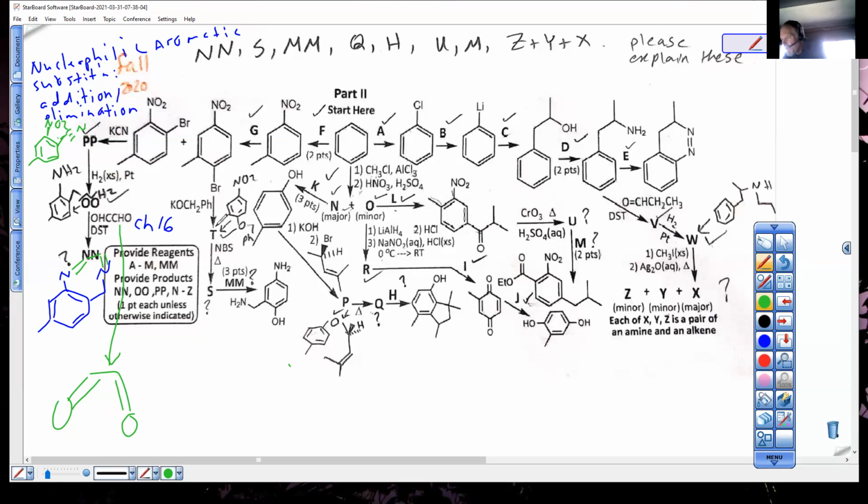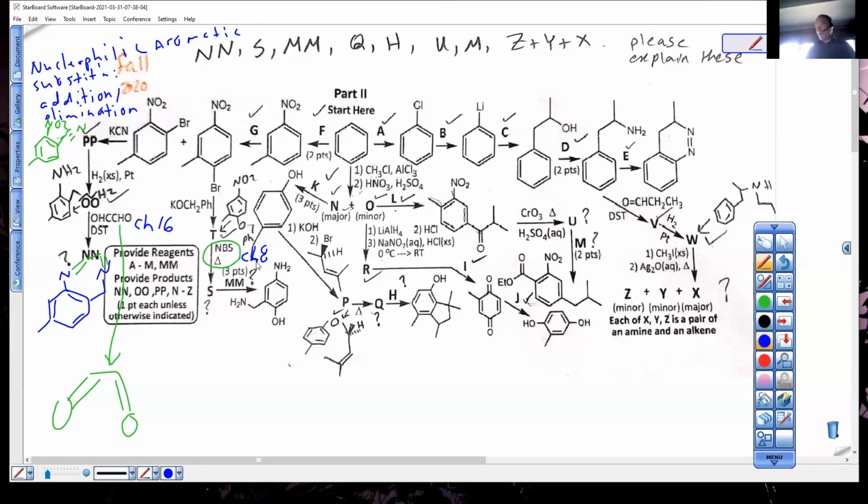And then we're looking for somewhere to put a bromine with NBS, which is N-bromosuccinimide. You'll need to look in chapter 8 for a review of that. And the favorite positions for putting bromines are allylic or benzylic.